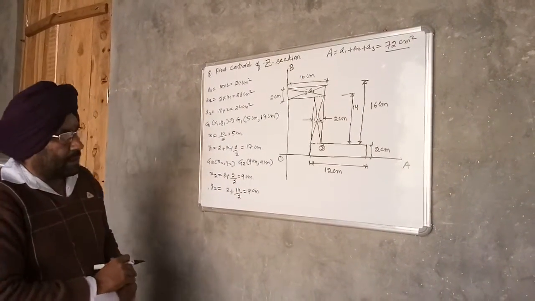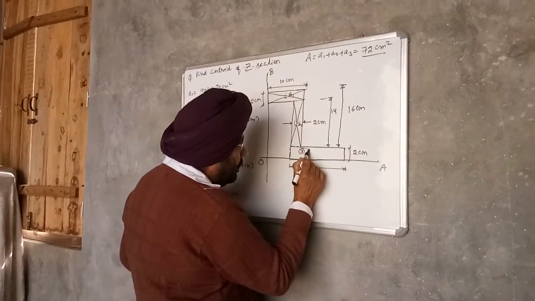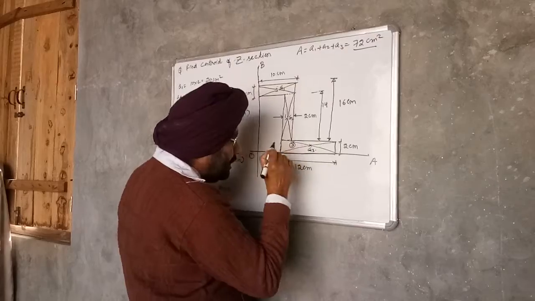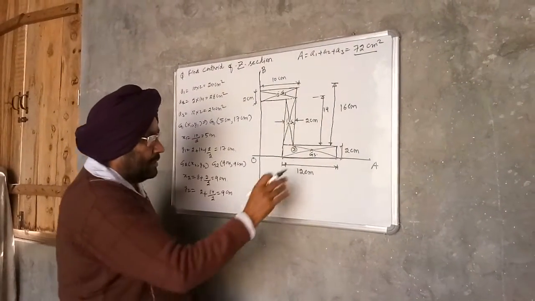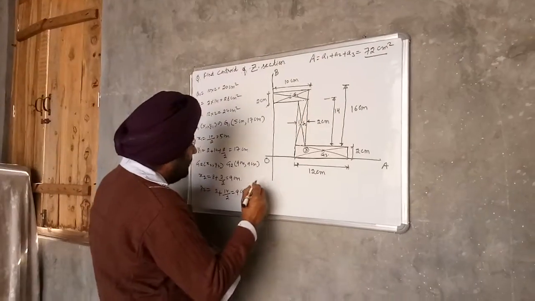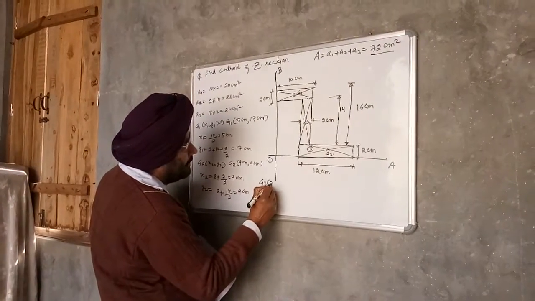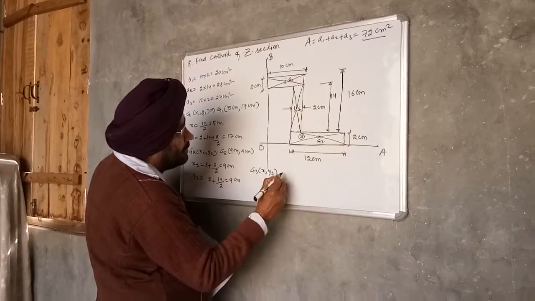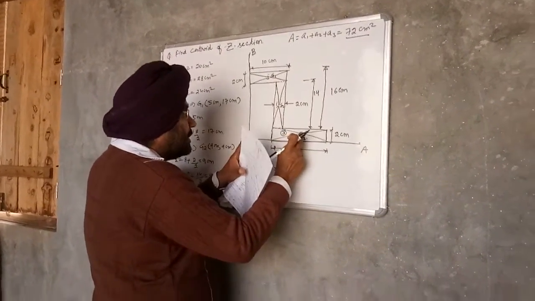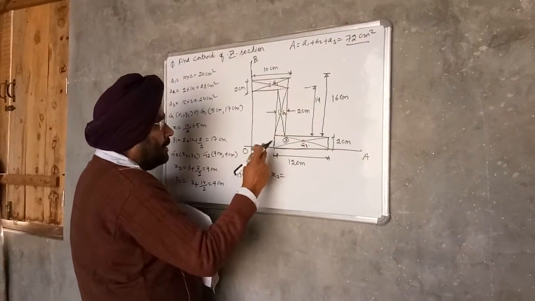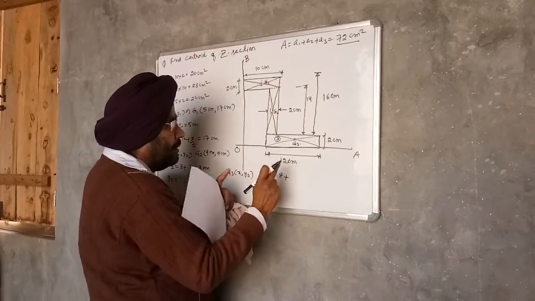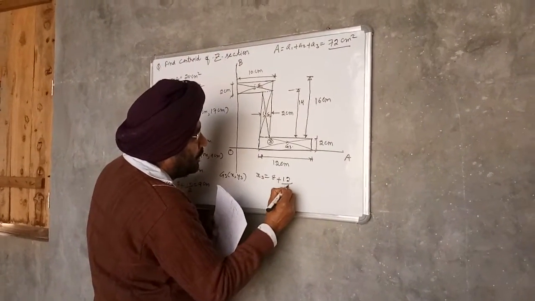So then third part, G3. So G3 is the CG of the third component, third part. So its coordinates are x3, y3. So x3 is this distance. So this distance is 10 minus 2, 8 centimeter plus 12 by 2.